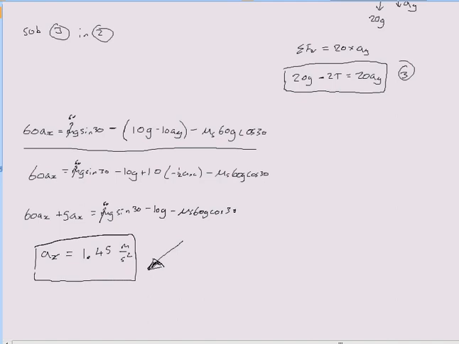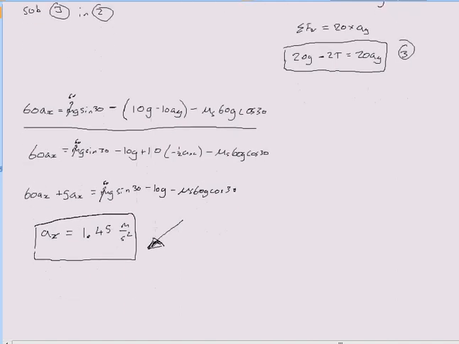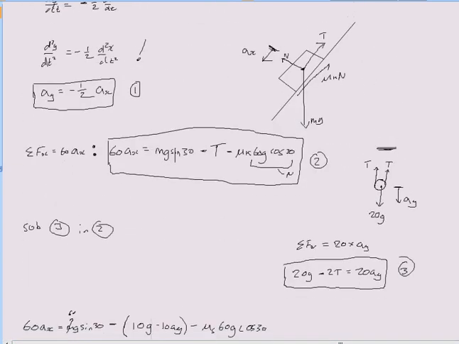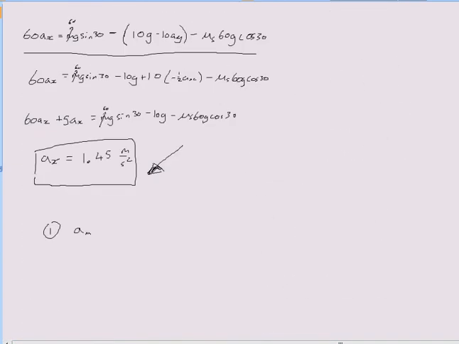Now it becomes a matter of finding out what the acceleration of our 20 kilogram block was. Well, we know from our previous equation, equation 1, that ay was equal to minus a half ax, which implies that ay, times it by minus 0.5, is going to be equal to negative 0.725 meters per second squared, and that was also directly downwards, because I denoted ay as being downwards.